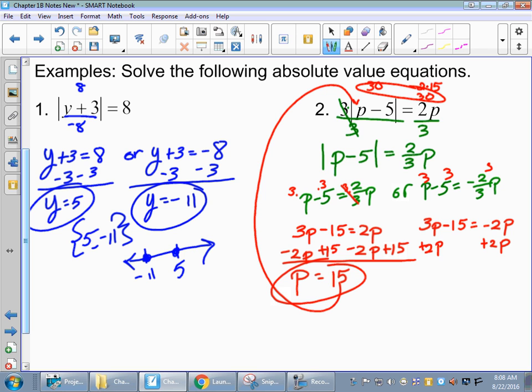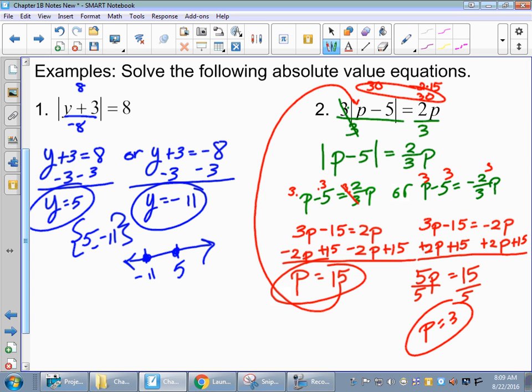You could actually bring the 3p over, it doesn't matter. And I'm going to add 15 at the same time. So that way I have my variable 5p on the left, and I have 15 on the right. Divide by 5. Divide by 5. P is equal to 3.